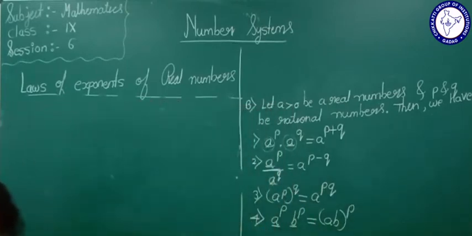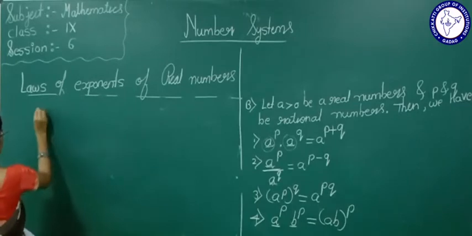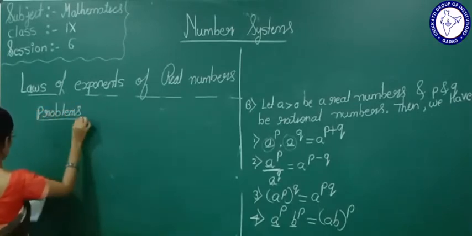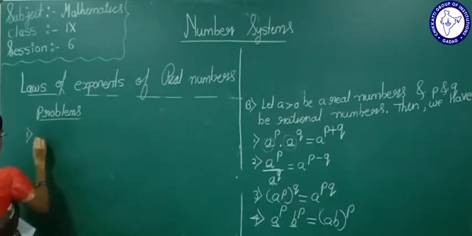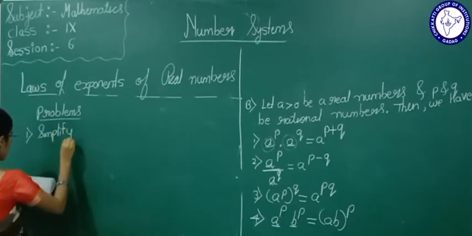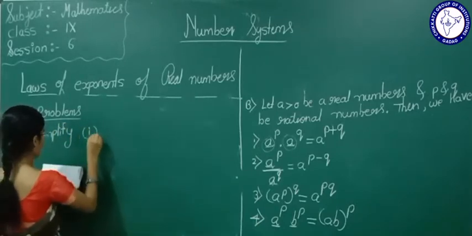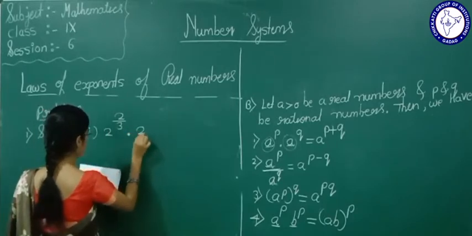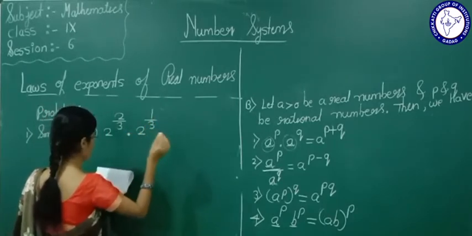Take down the problems. First one, simplify 2 raised to 2/3 multiplied by 2 raised to 1/3.